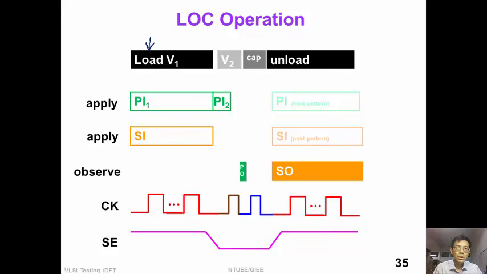Initially, we load the vector 1 by holding SE to 1, and we put several shift clocks. At this time, we apply primary input 1 and also shift input.